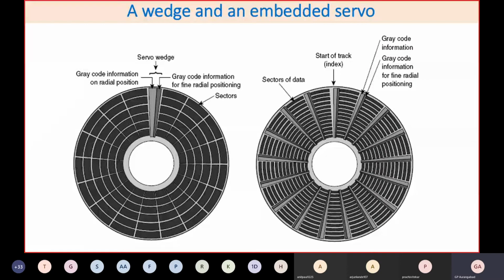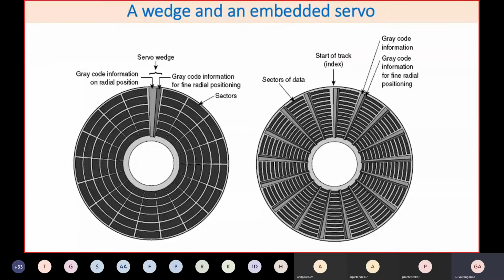But obviously you are losing one side of the platter, so the capacity of the hard disk will be reduced. But if you want very fast, accurate, precise reading, then one entire surface, that is the upper surface, is given for storing this gray code information, and that is dedicated only for this. That is why it is called a dedicated servo mechanism.